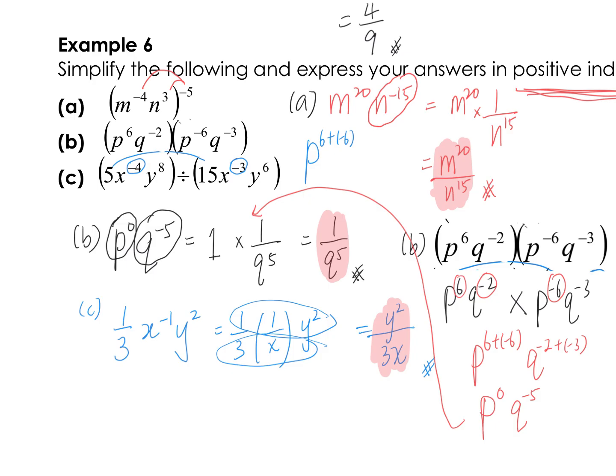If they never say express your answer in positive index notation, you could have left your answer like this and it's done. Okay, you can also leave your answer as this and it is done. No need to bring the x down and so on. So it depends on the question. Only if they say positive index notation, then you need to change. But if you OCD, right, you want to change, it is also correct.